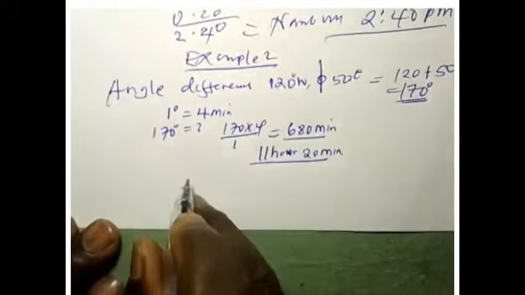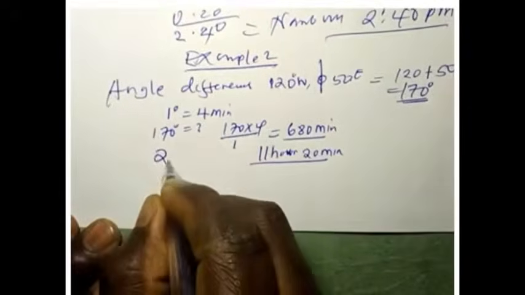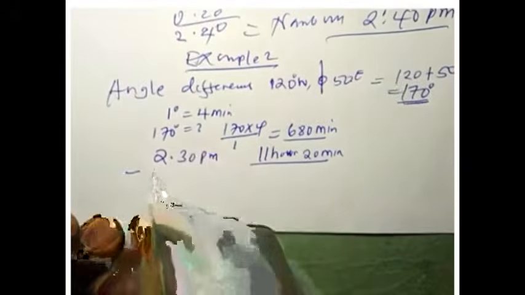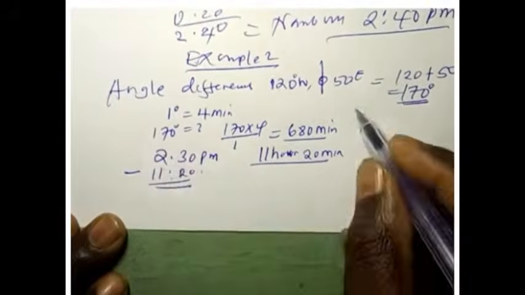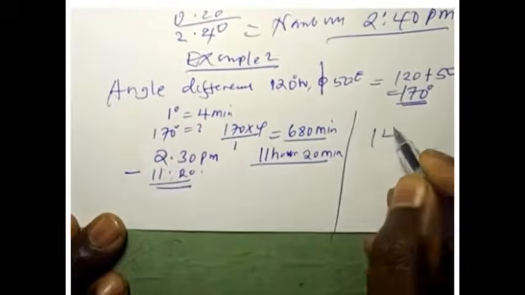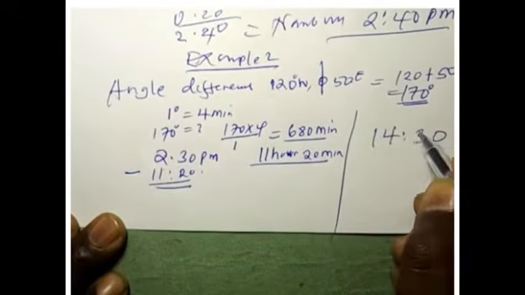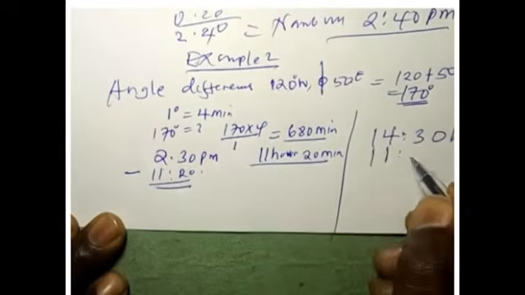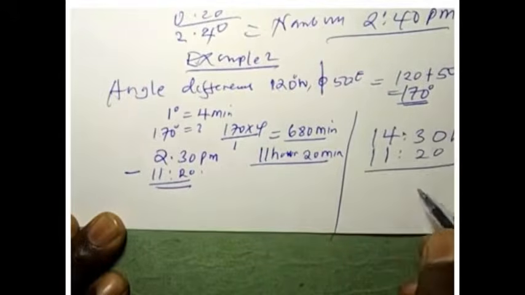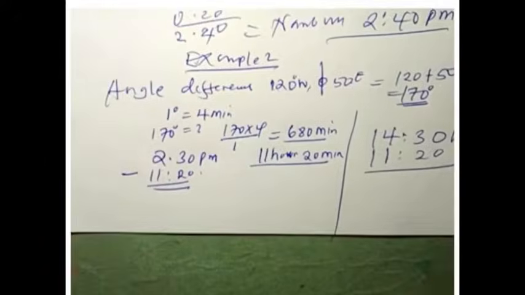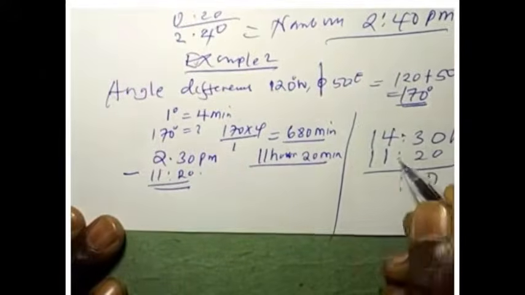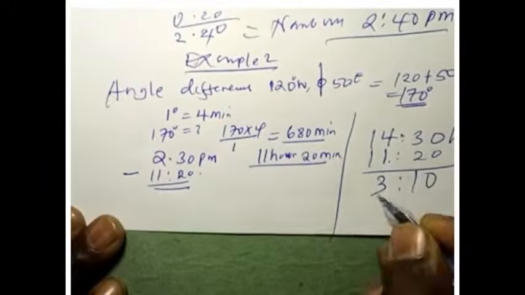So the time there is 2:30 p.m. Now we are supposed to convert into 24 hours. So that one will be 14:30 hours, right? And then we will subtract 11:20. This one will be 3:10.